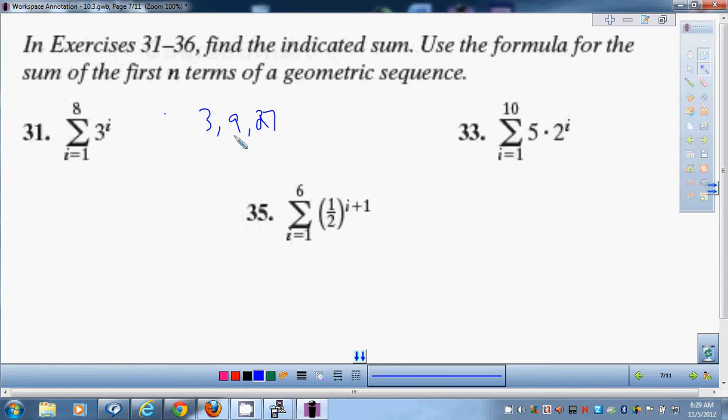So we're actually looking for S sub 8, A sub 1 times 1 minus, our R value was 3. Come on, board's messing up today, I'm going to do this better. S sub 8 equals 3 times 1 minus 3 to the 8th power, all over 1 minus 3.